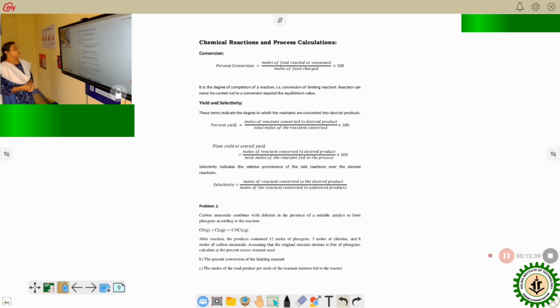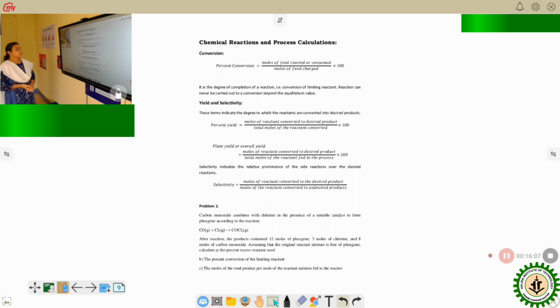Now, in the reaction, frequently the reactants enter into other side reactions also. So for this the terms yield and selectivity come, and they indicate the degree to which the reactants are converted to desired products.